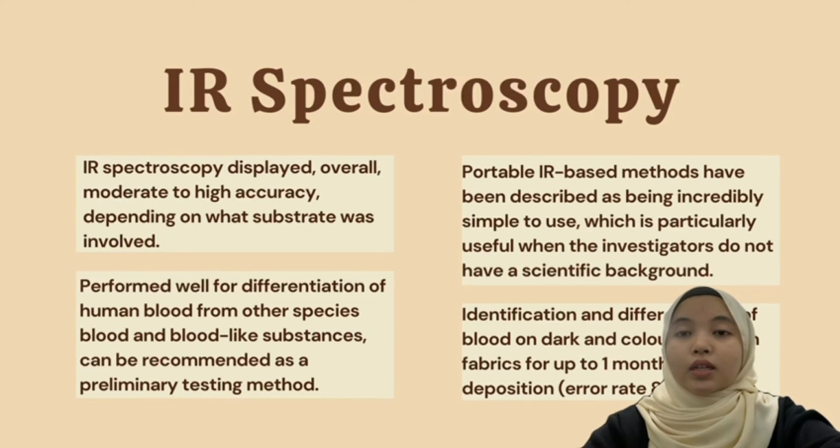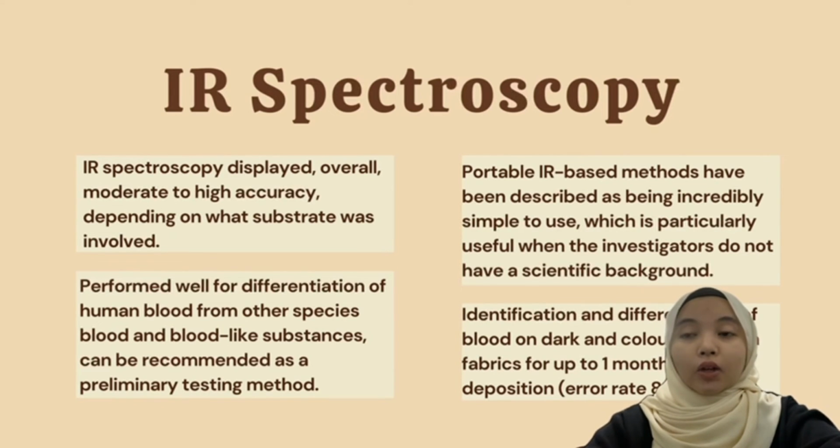One study used near IR spectroscopy to differentiate blood from non-blood substances on dark and colored cotton fabrics for up to 1 month after deposition. This research showed promising results in that the technique was able to identify blood and even estimate its age, with an error rate of 8.9%. Compared to other studies, this error rate is relatively small.